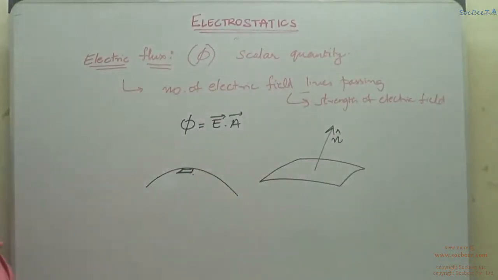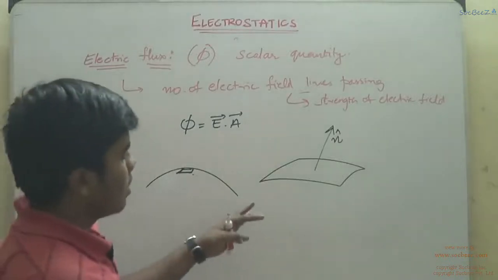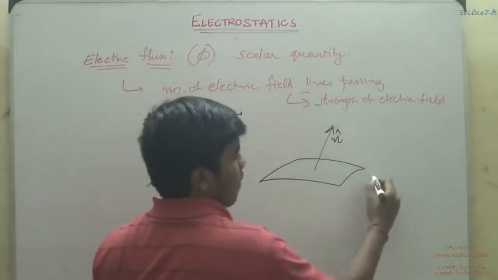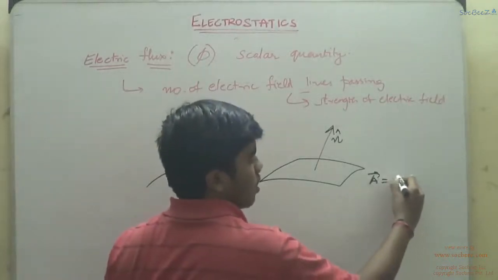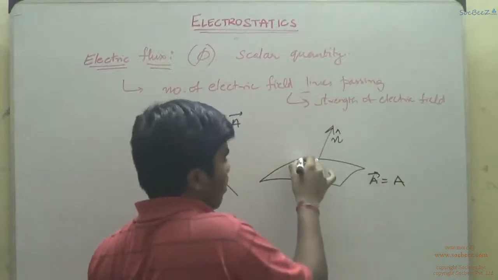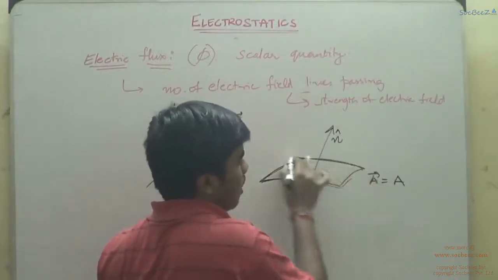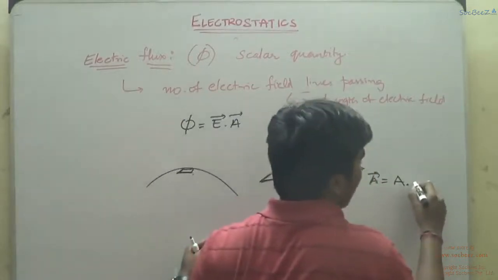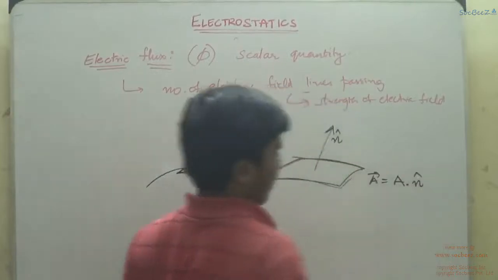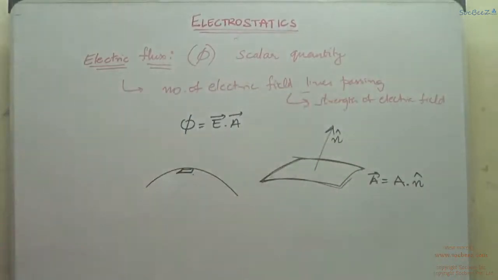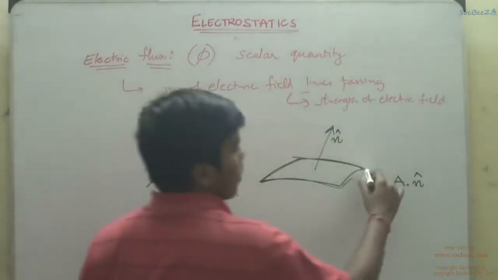So we define the area vector such that it equals the area, whatever it is, times the normal vector, n cap. So the area vector is defined in this way.